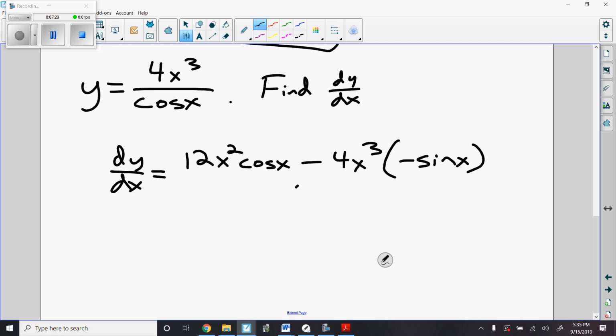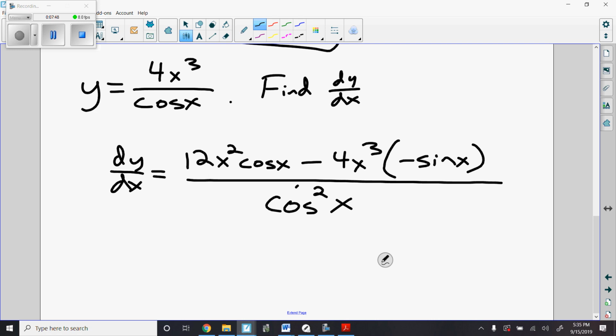What I don't want you to do is write exactly what I wrote without those parentheses, because then it looks like you're subtracting sine x. You're not subtracting sine x. You're multiplying by negative sine x. All divided by the bottom function squared, so cosine squared x.